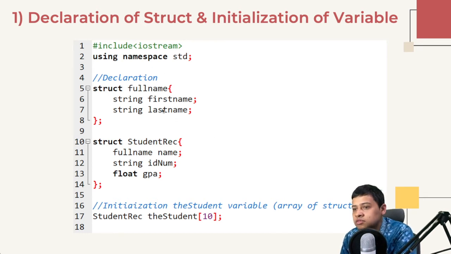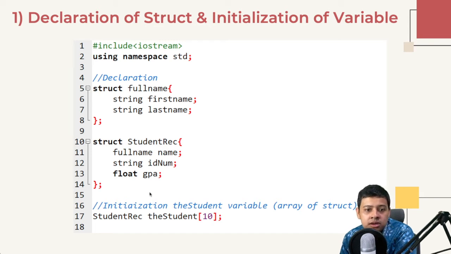Here is the first struct, which is the full name. It has the first name and last name, and then we have the struct student record on line 10 to line 14. We have the full name, the field name is name, the string ID number, and the GPA.